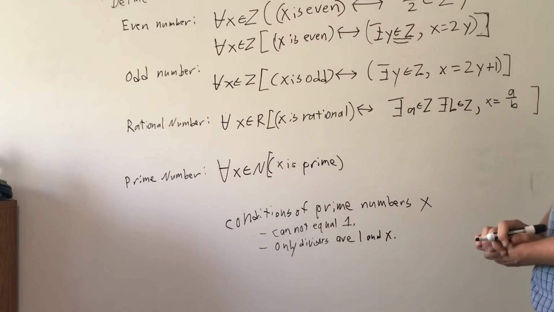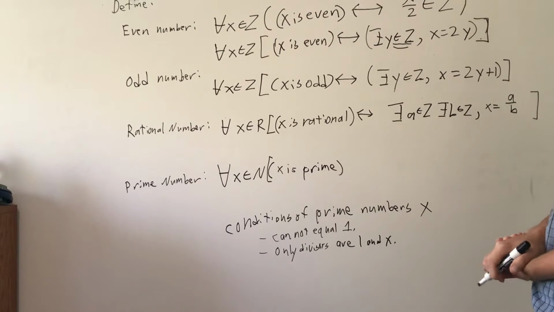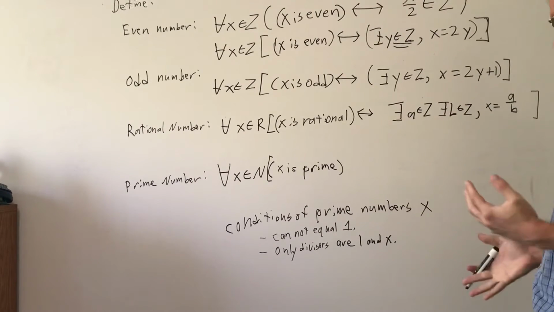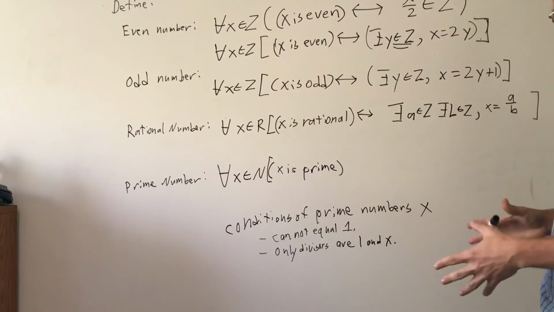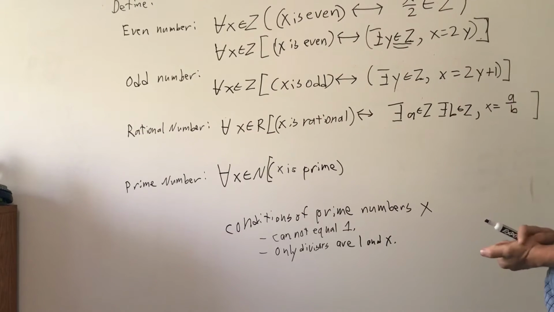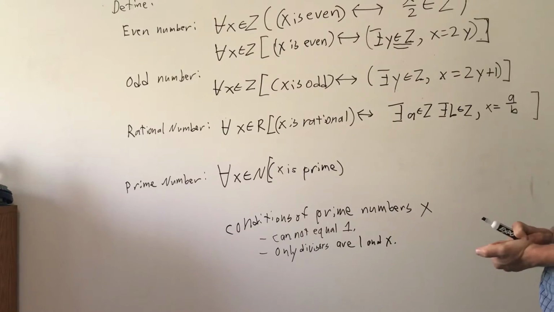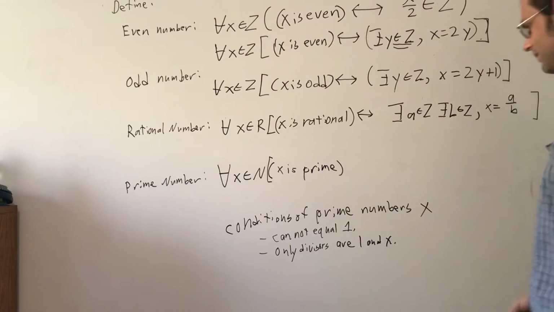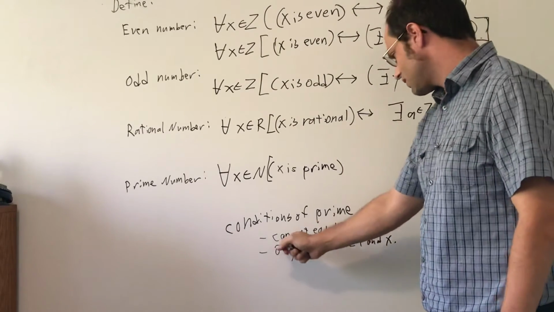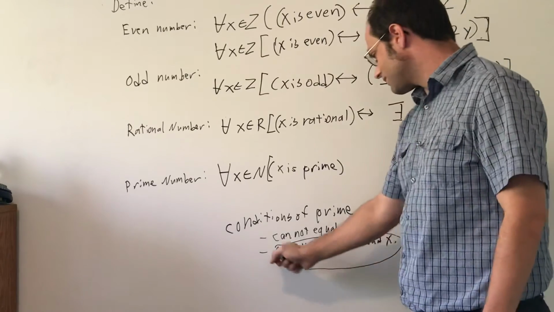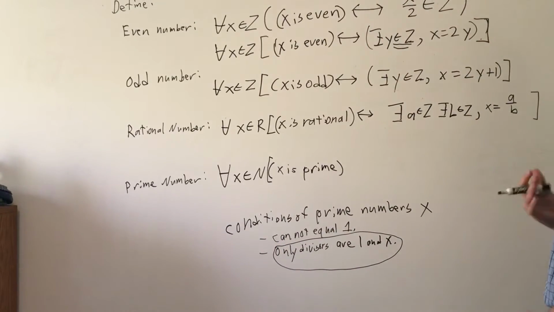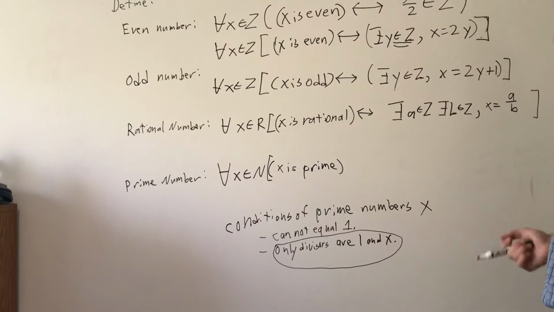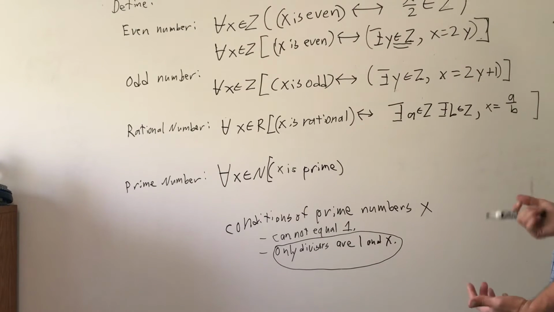So we need to sort of put together some way of working with this. And so we need to somehow specify, so we have these divisors, and we can make a proposition that just talks about y is a divisor of x.